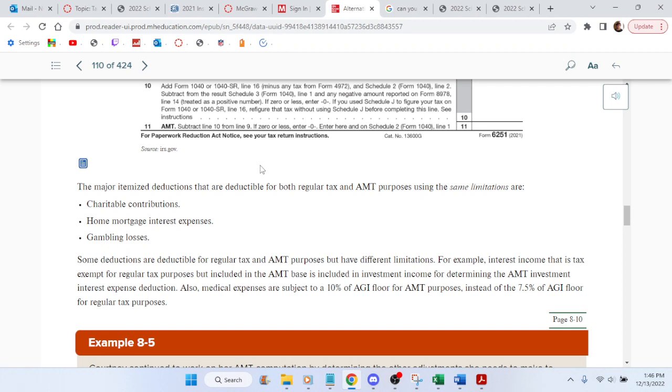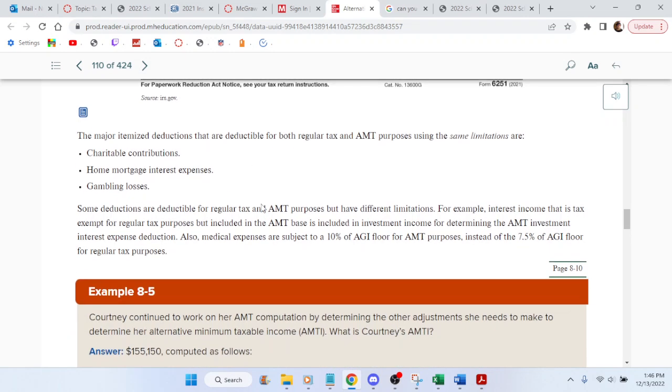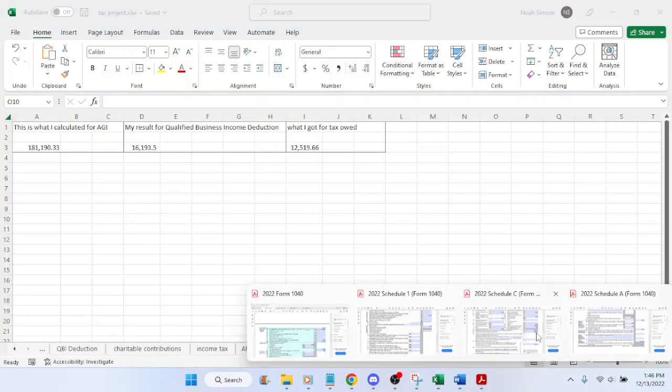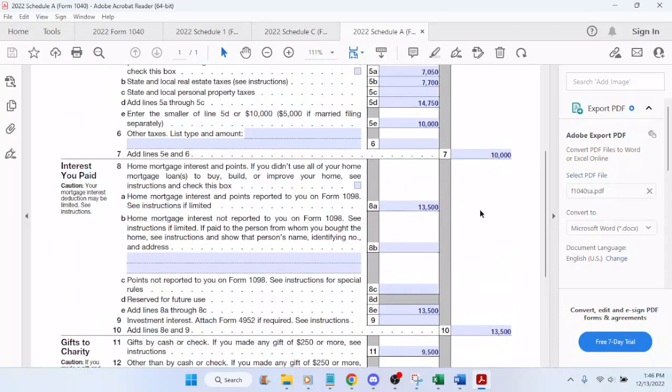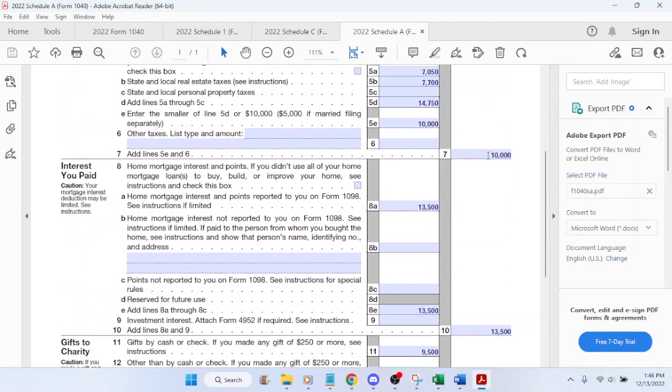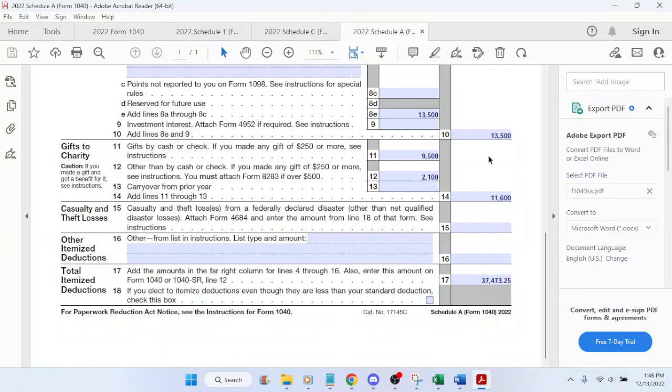So basically, these 3 things that they listed, you don't even add them back. Those things you just leave. But every other itemized deduction... Okay, you know what? There's only a few itemized deductions to even take into account, because Schedule A, we only have a certain number. We have medical and dental, taxes you paid, interest you paid, gifts to charity.